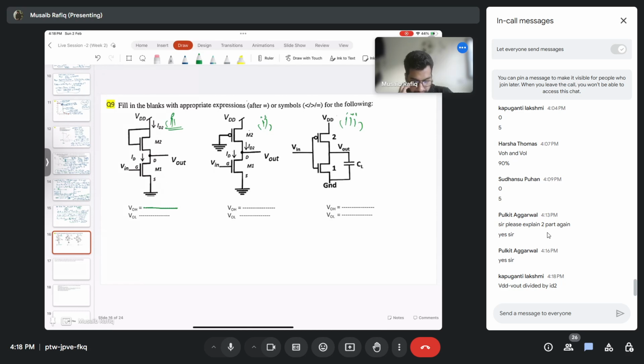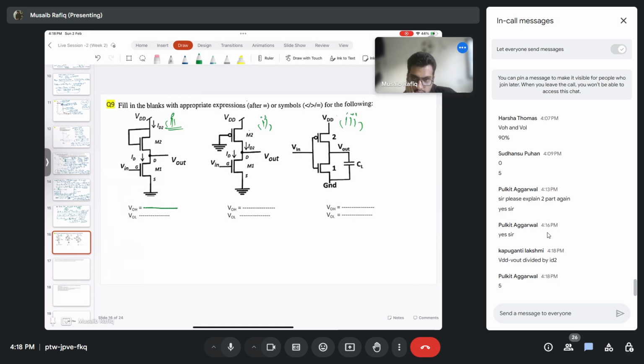It's pretty simple. VOH is basically V out when V in is equal to 0. It will be VDD. I have not given any value, so forget the previous values. Every question will have different values, right? So it will be VDD minus something.